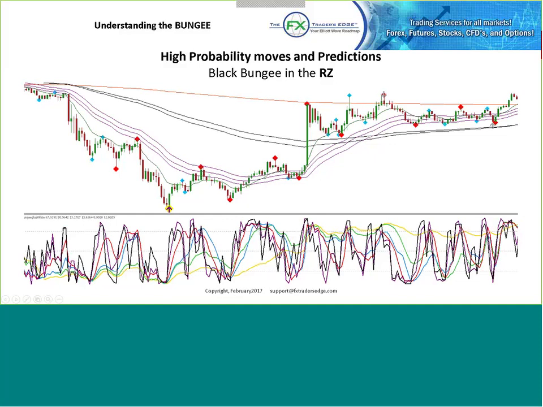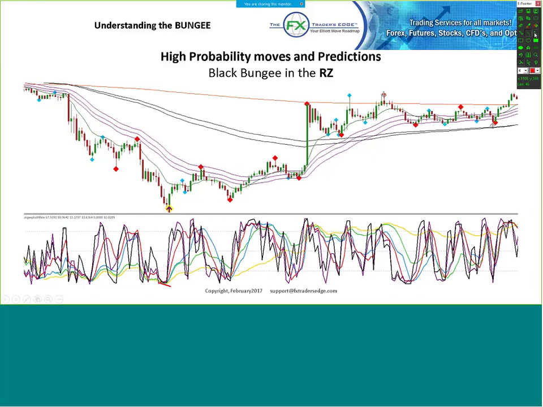It very, very rarely stays in the lower reversal zone at an extreme for more than 1 or 2 candles. I think the most I've ever seen is 5 candles. There's a little example down the bottom there where it stayed in for 2 candles at the bottom and then it shot away.